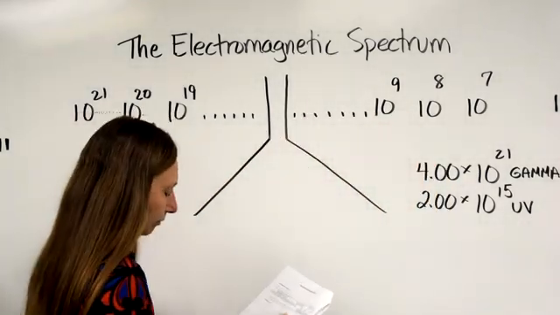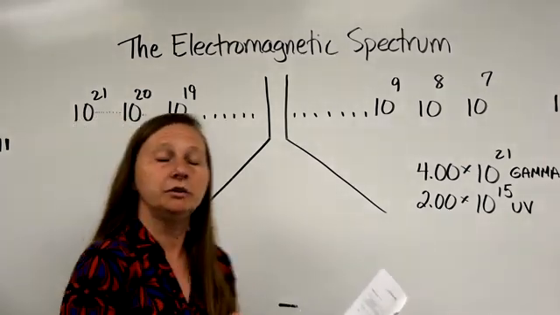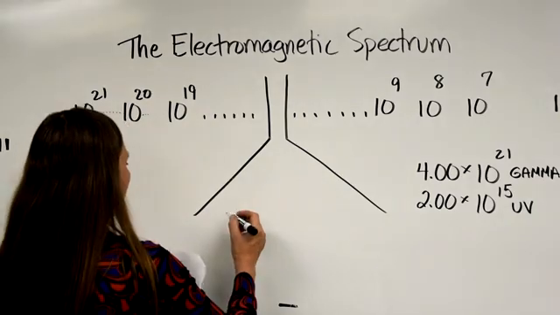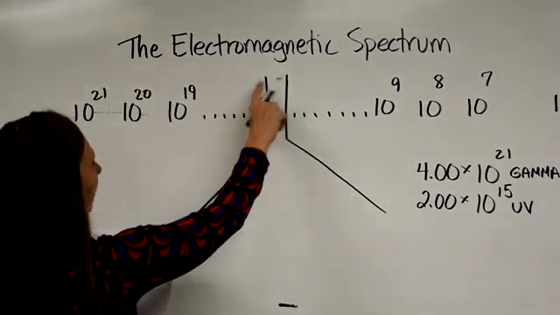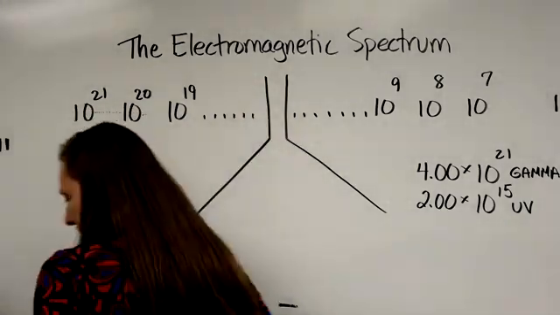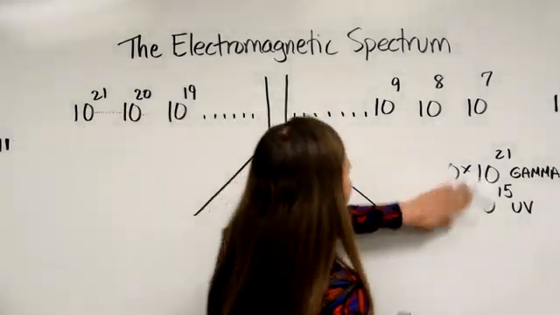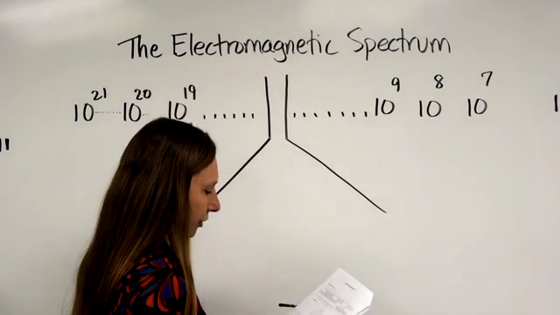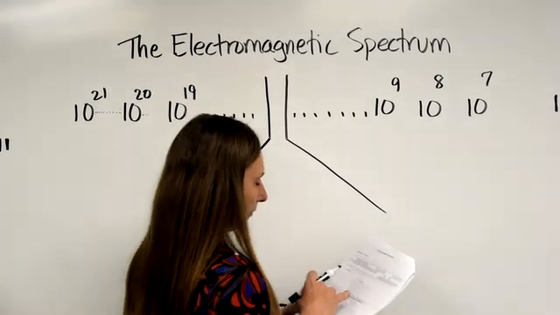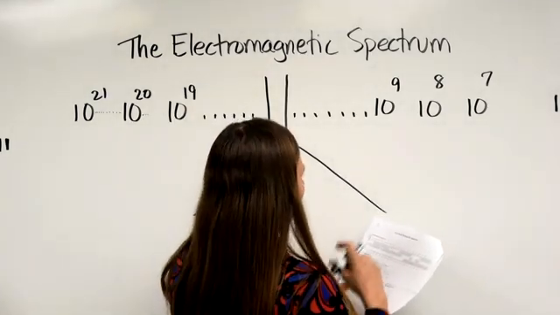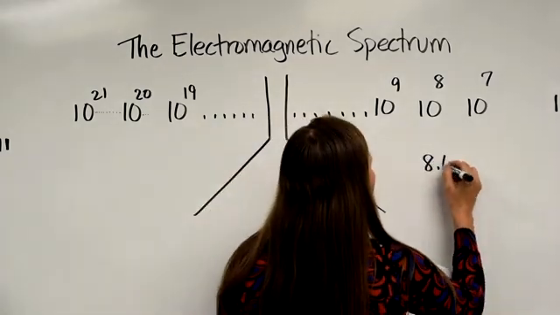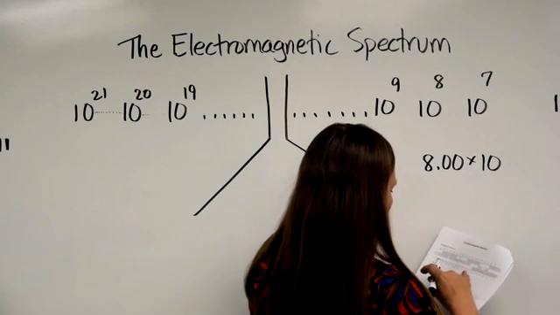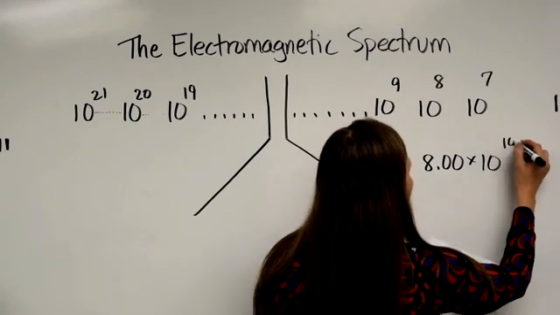All right, now, let's look at some of the visible light, the different colors of visible light. I'm going to make this larger, okay? Let's do one on this side first. 8 times 10 to the 10th.